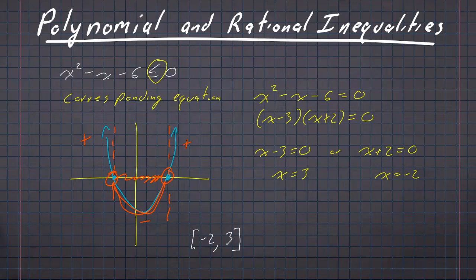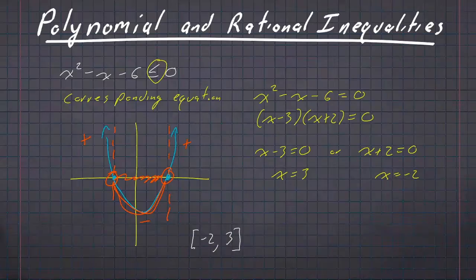And the same argument is going to be true for any polynomial inequality. The only way that a polynomial can go from being positive to negative or from negative to positive is to pass through a point where the value of the polynomial is 0.